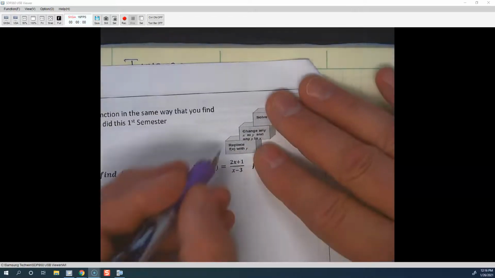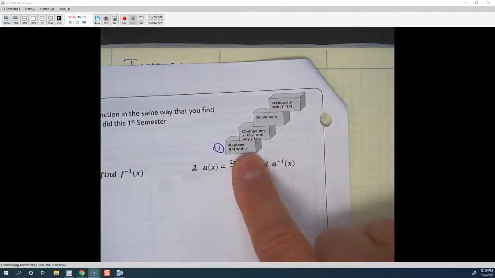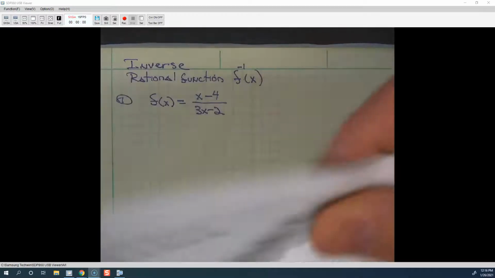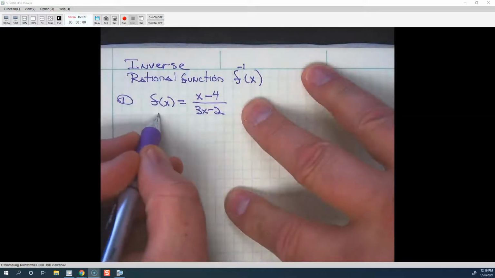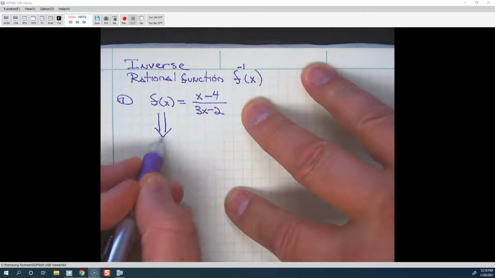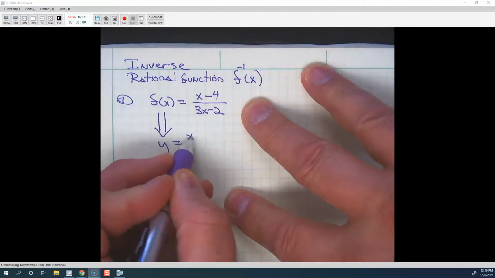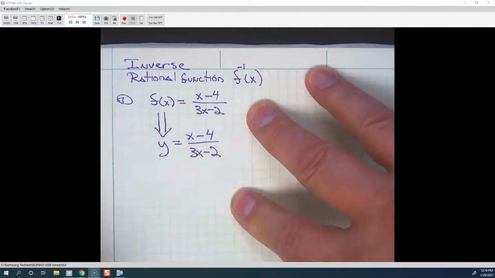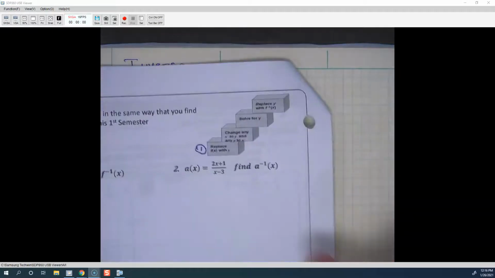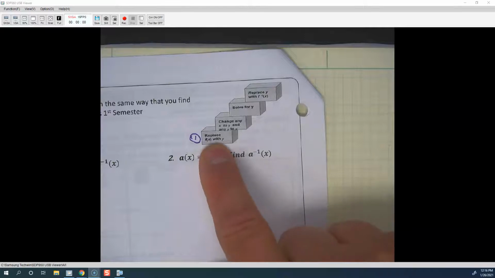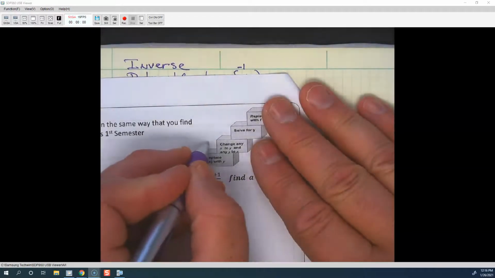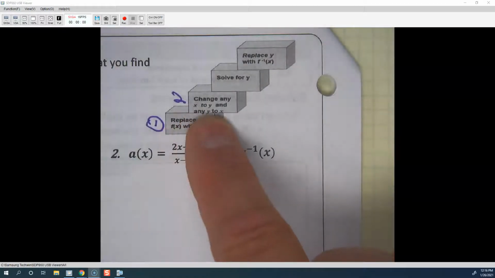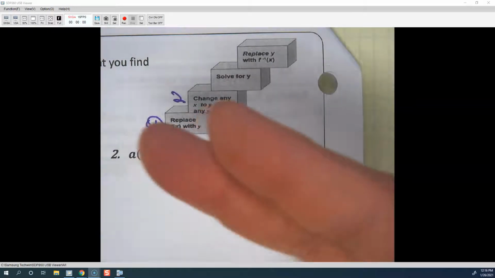All right, so if we go down our list of steps here, step 1 is replace f of x with y. Okay, that's easy. That was our first step. Second step is change x to y and y to x. So switch the two.